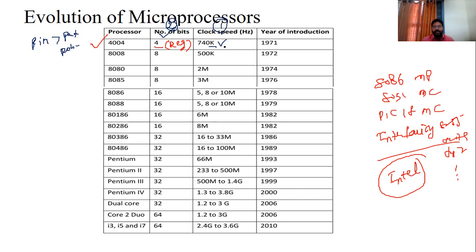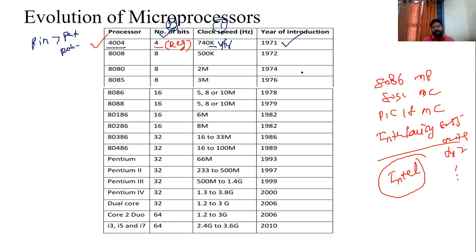Okay, so today the speed of a microprocessor is 3.2 gigahertz, 4 gigahertz, like that, you remember. But in the early days, the first microprocessor was the 4004 microprocessor developed by Intel. It is a 4-bit microprocessor. The clock speed is 740 kilohertz, invented in the year 1971.